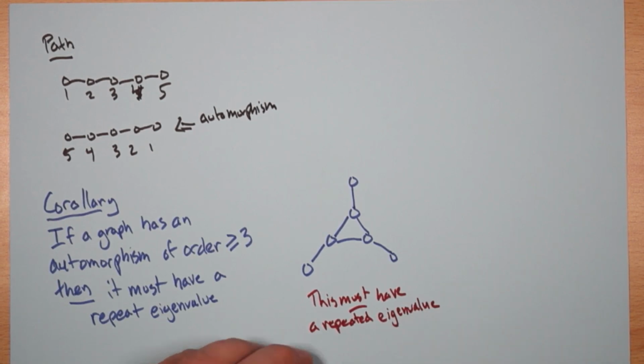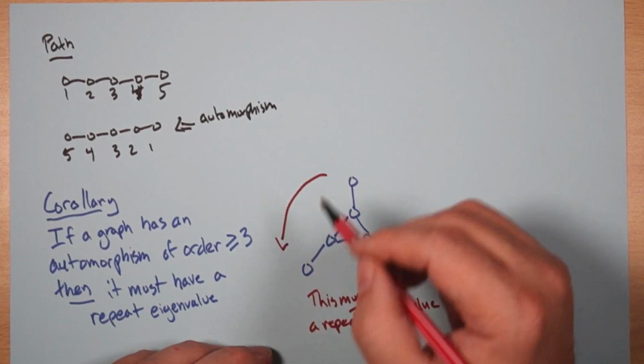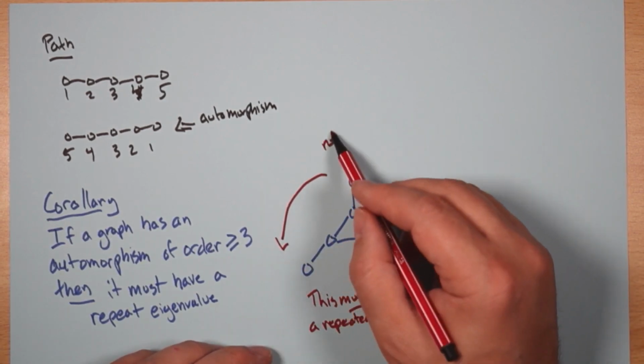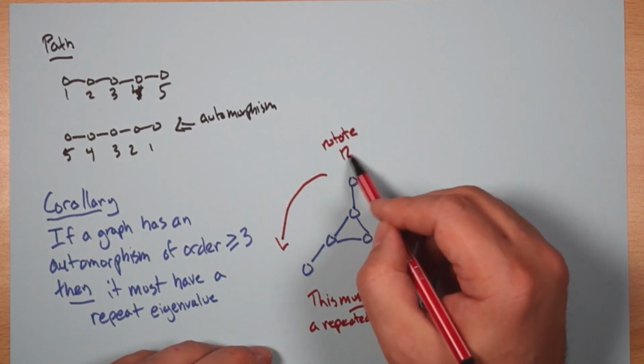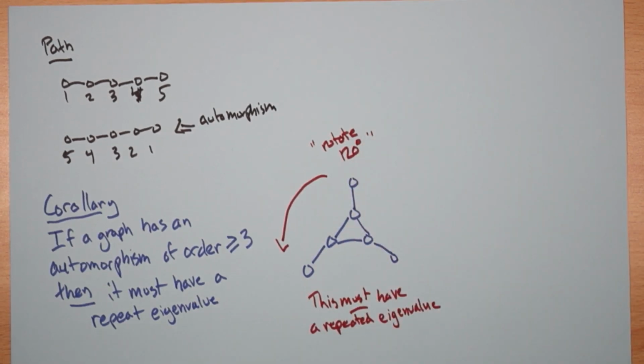Why? Notice the automorphism is rotate 120 degrees. Of course, if you just think about graphs as sets, rotate 120 makes no sense. But if you think of a graph as a picture, then rotate 120, yeah, okay, I believe it. Makes sense to me. And so there you go, that's a nice fact.